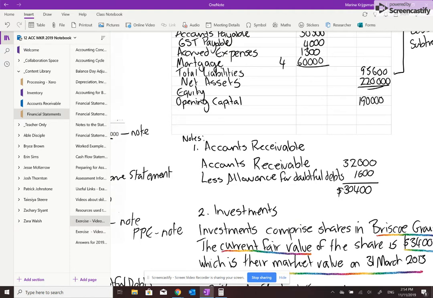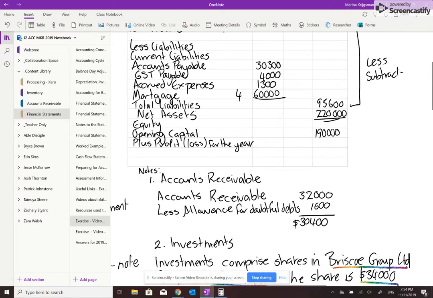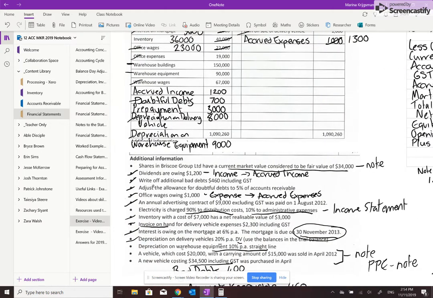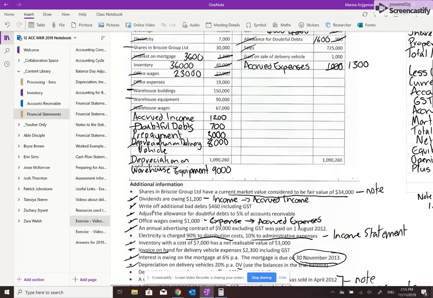We're going to plus any profit from the year. So this comes from our profit, any profit or loss for the year, and that will come from our income statement. And in this case, I haven't calculated that, so we're just going to leave that. I should have calculated it, but I haven't done that.